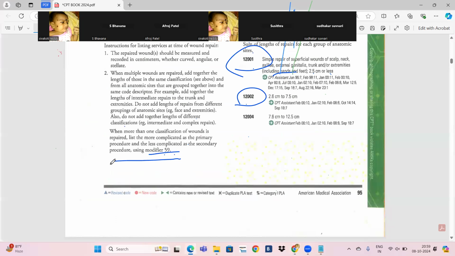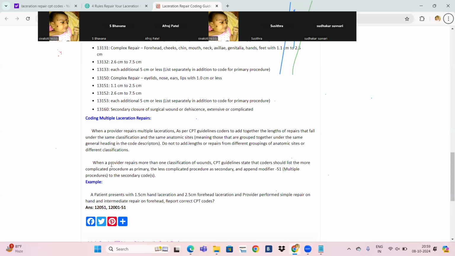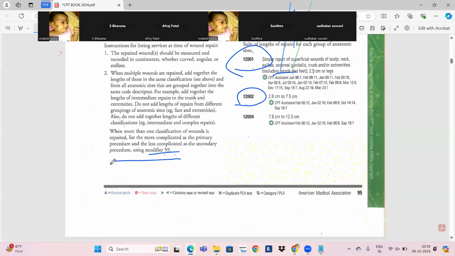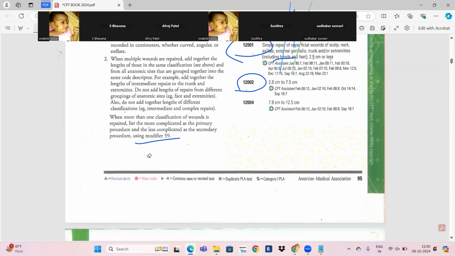Because 51 is multiple procedures, two totally different procedures, and 59 means distinct procedure: the procedure type is same, but distinct between each other.